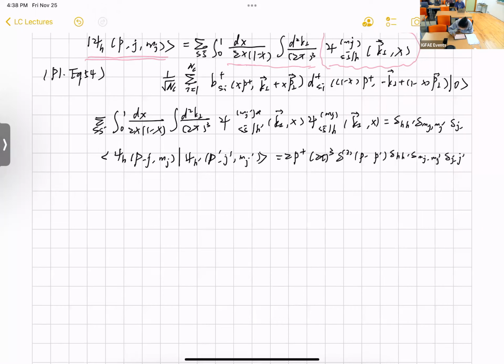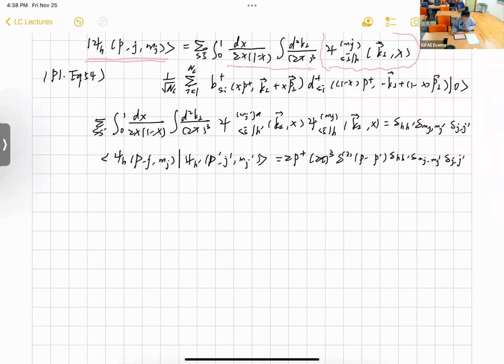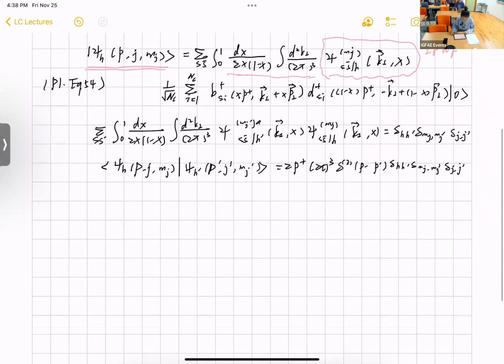Oh, I forgot the J here. That's the total spin. Okay. So this is notation. Okay.